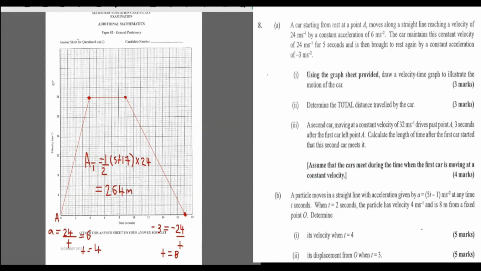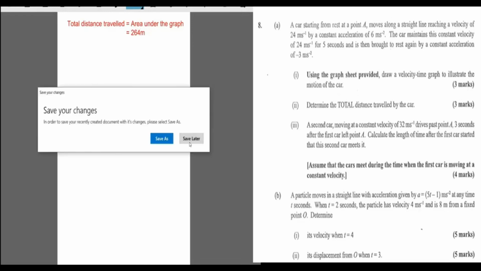So if the area of the trapezium is 264 meters, we can write down that the area is 264. So the total distance traveled is equal to the area under the graph, and the area under the graph, as we saw, is equal to 264 meters. Nice and easy.